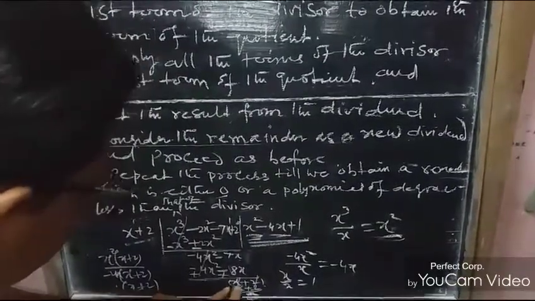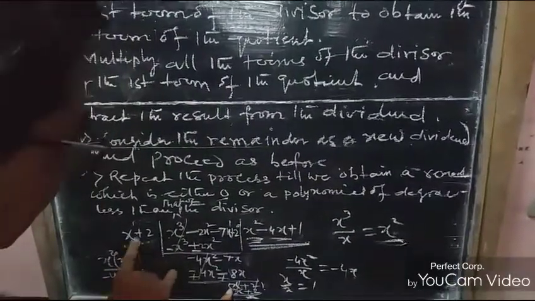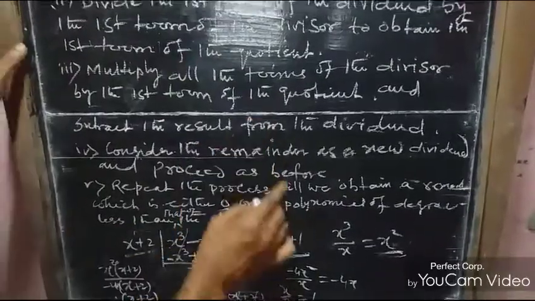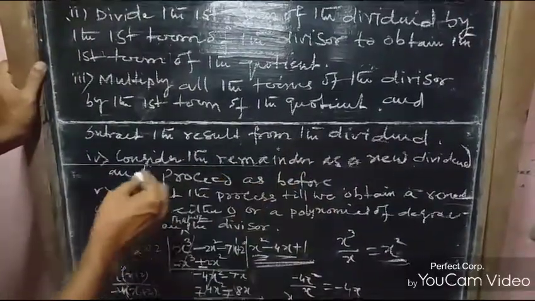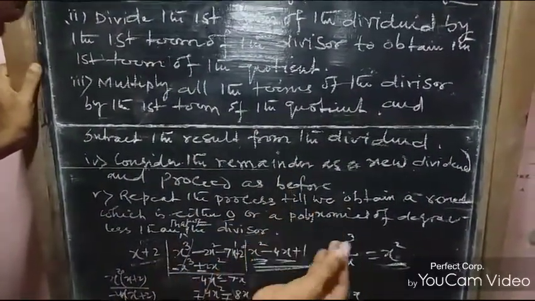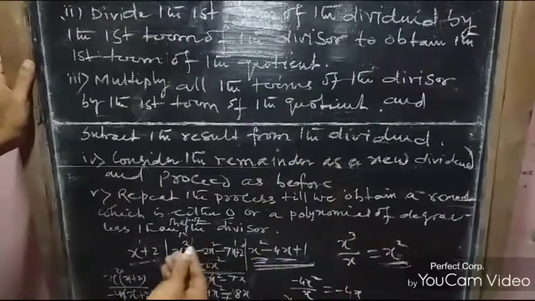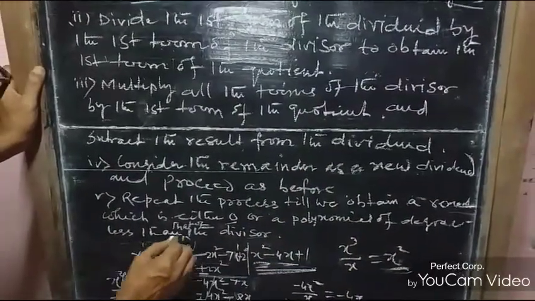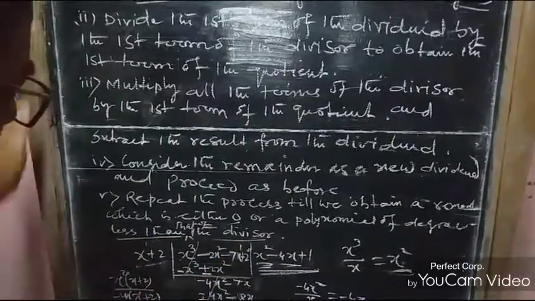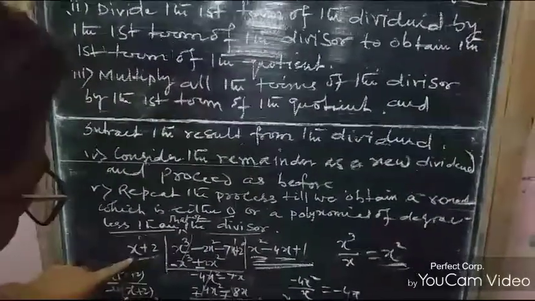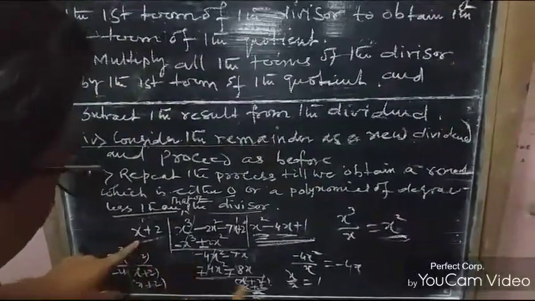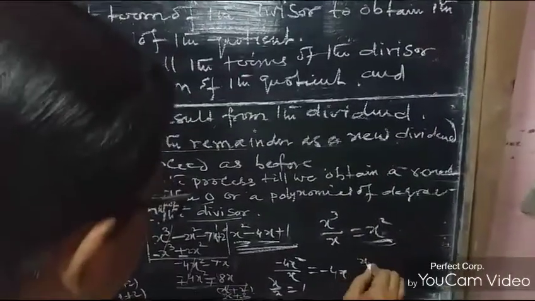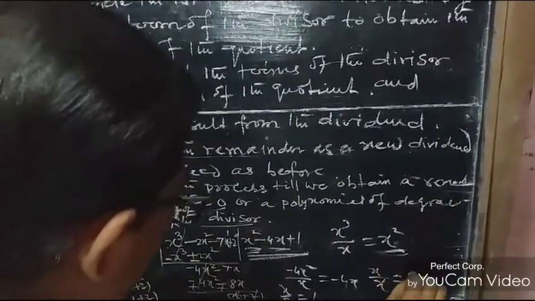Now once again, note that your new degree must be less than the degree of the divisor. The divisor degree is 1, and here it is also 1. So it is going to another part. That is x by x, and this is 1.